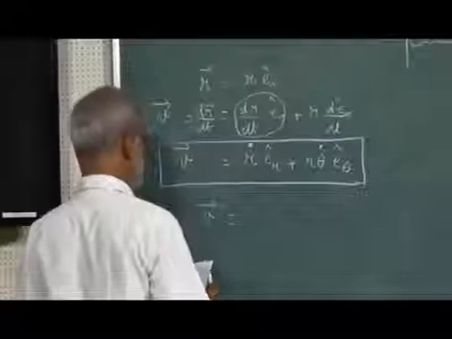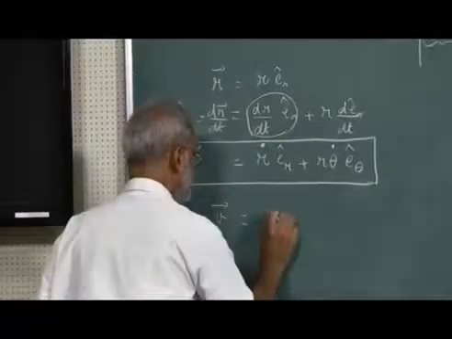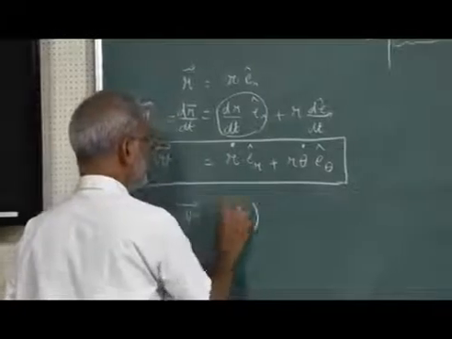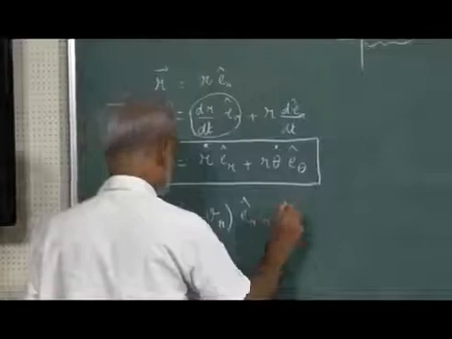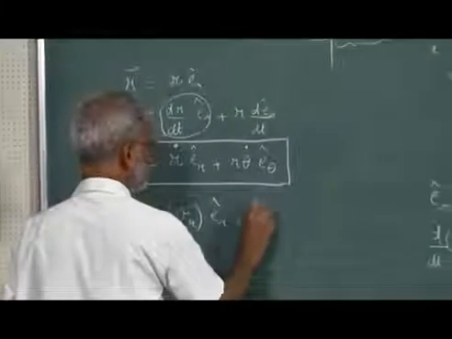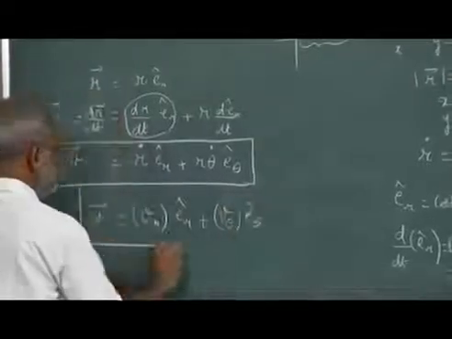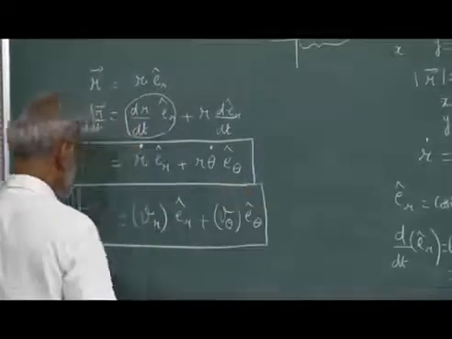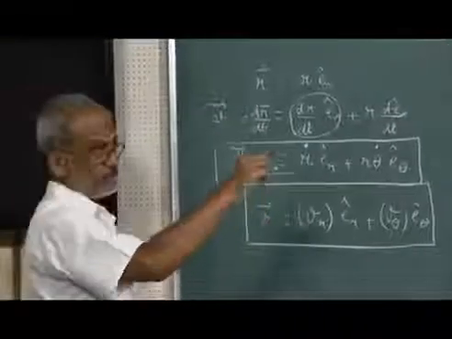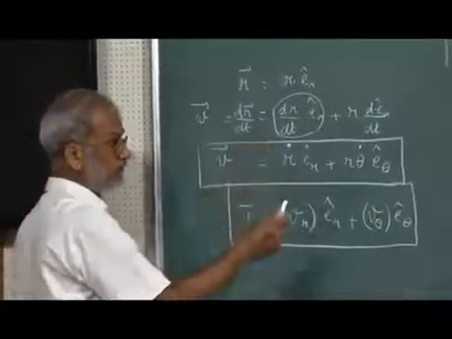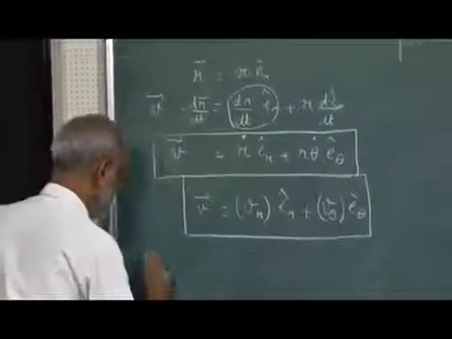In general, v is the radial component times e_r plus the angular component of velocity times e_theta. Now for a rigid body r is fixed because we are at a particular point; even when the body rotates, this r is not going to change, therefore this is 0 for a rigid body.